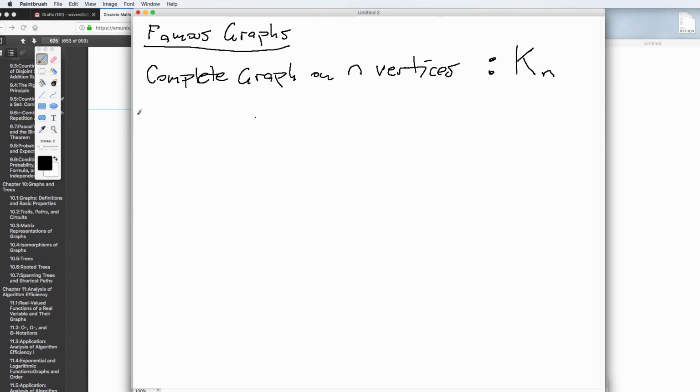What this means is that every vertex is connected to every other vertex.